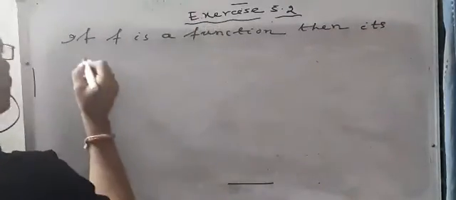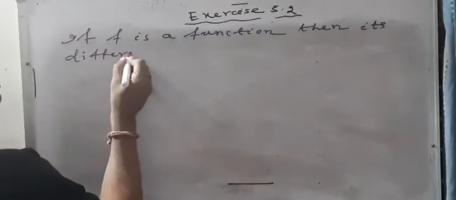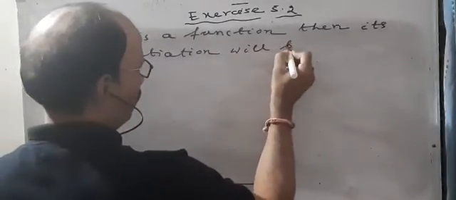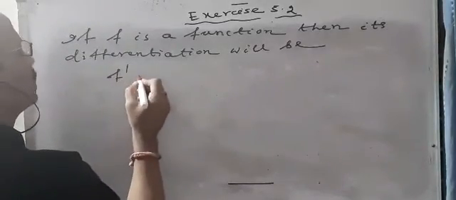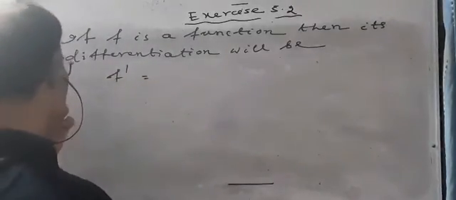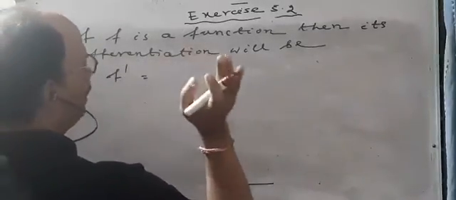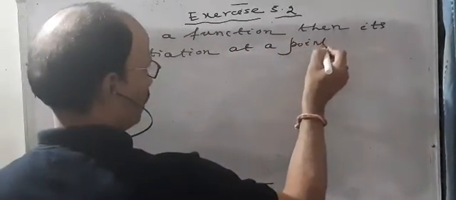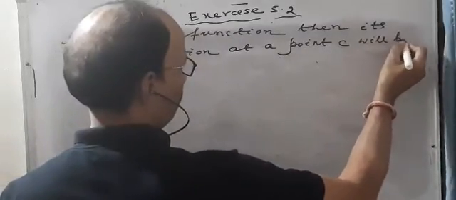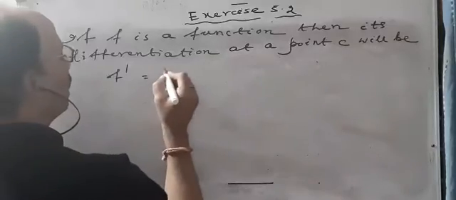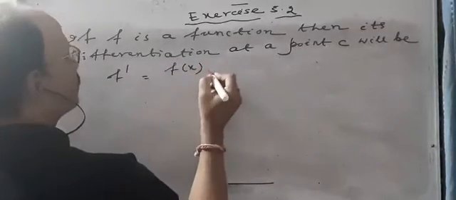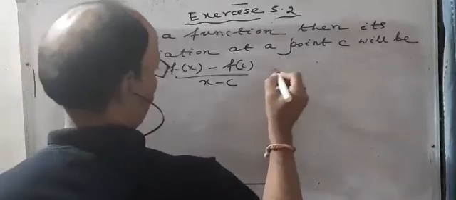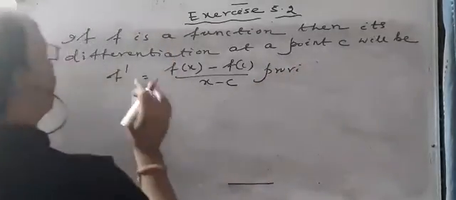its differentiation at a point C will be f dash, and it will be (f(x) minus f(c)) upon (x minus c).